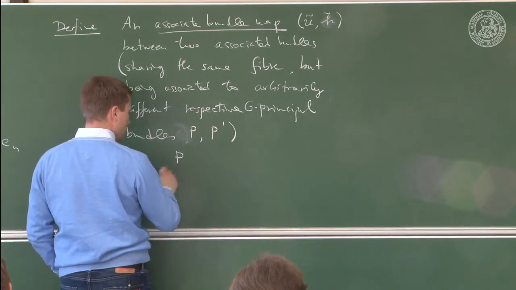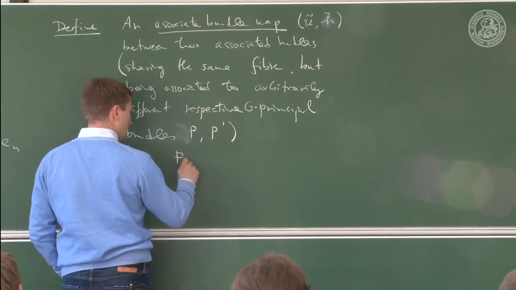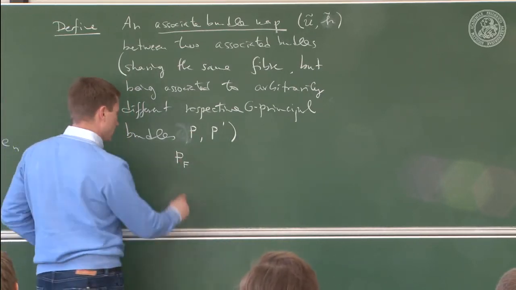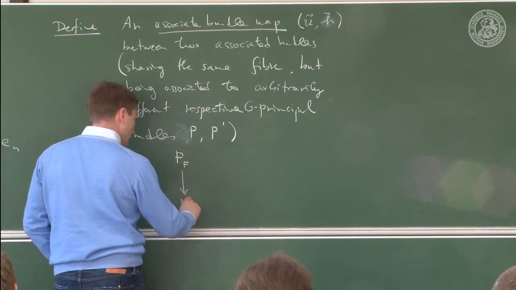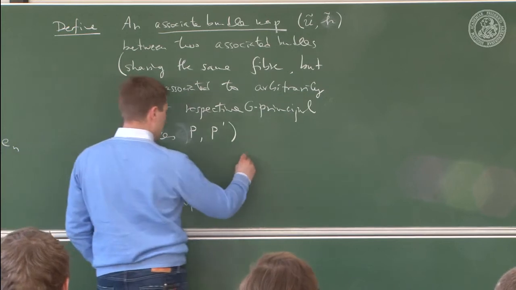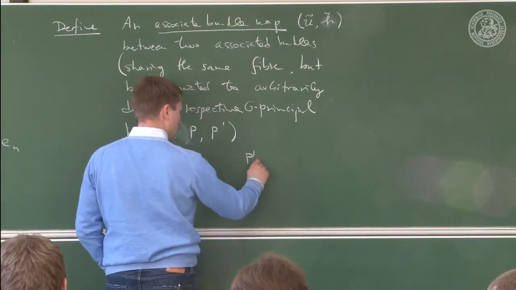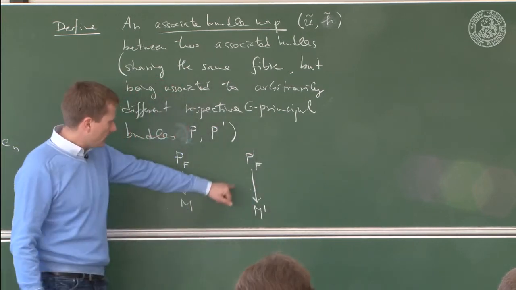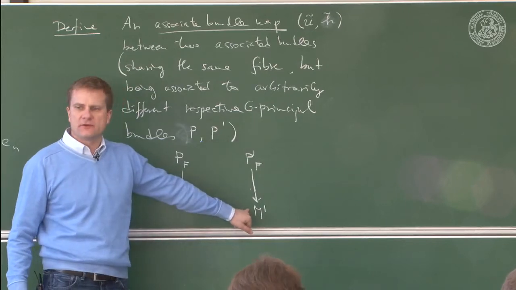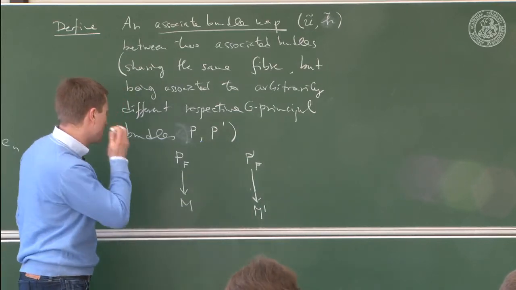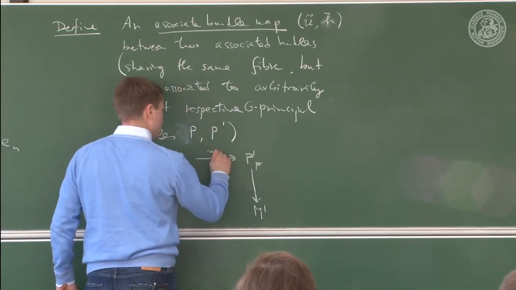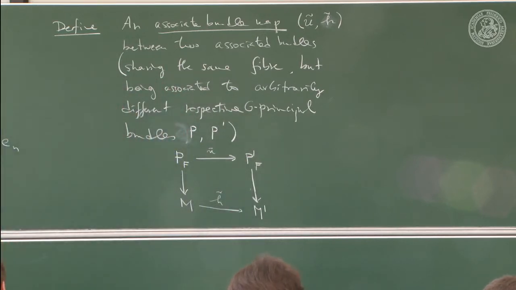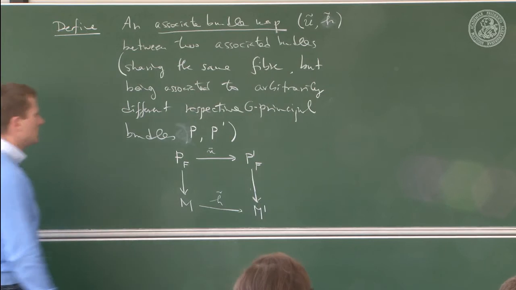P_F is the associated bundle to the first principal bundle, down to a base manifold M. And we have another P prime_F, which projects down to another M prime, because this P prime principal bundle may have a different base space. And then the bundle map (u tilde, h tilde) sits here, an associated bundle map between two associated bundles.